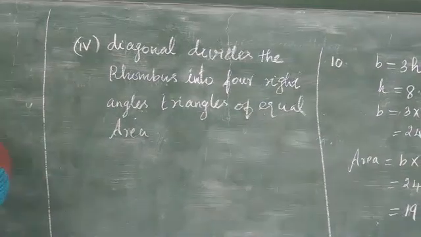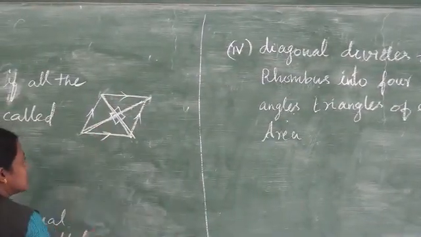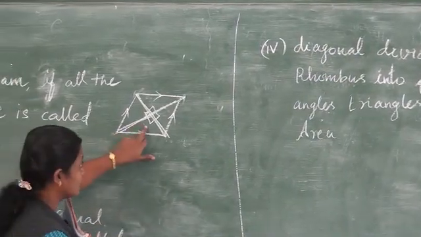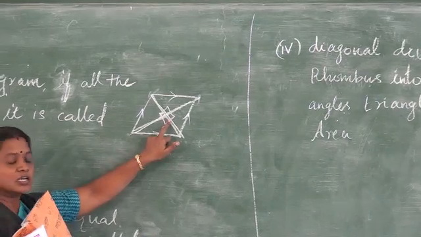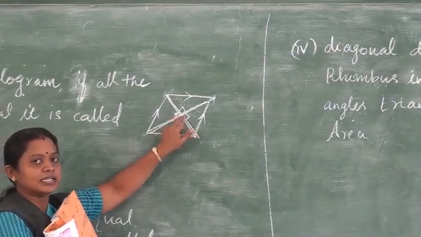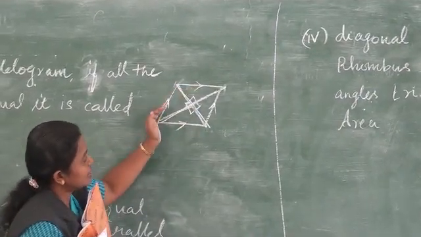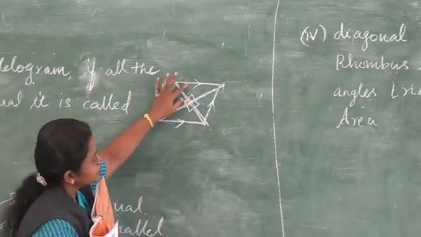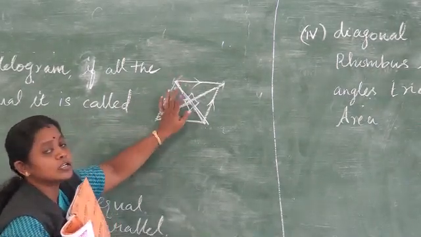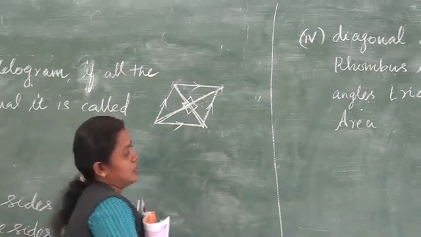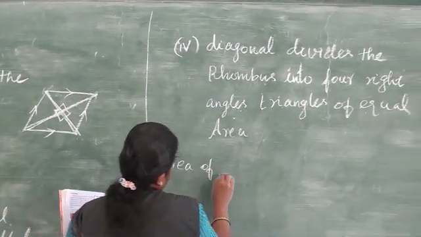Here, if this is a diagonal, it divides into four right angles, because the third property I told, the diagonals bisect each other at right angles. So you know, one of the angles is a right angle, so the triangle is a right-angled triangle. So the diagonals divide it into four right-angled triangles of equal area. This area is also equal.